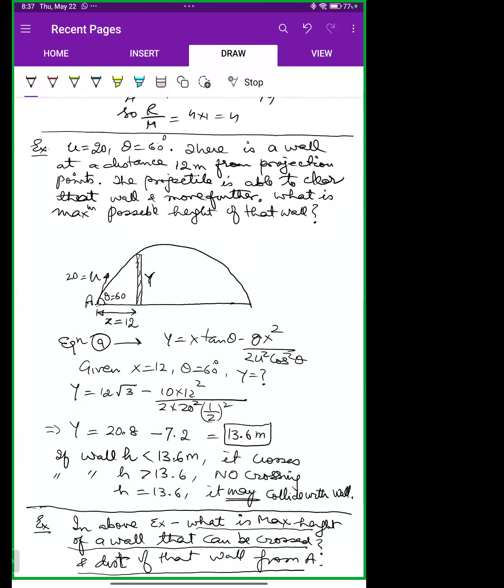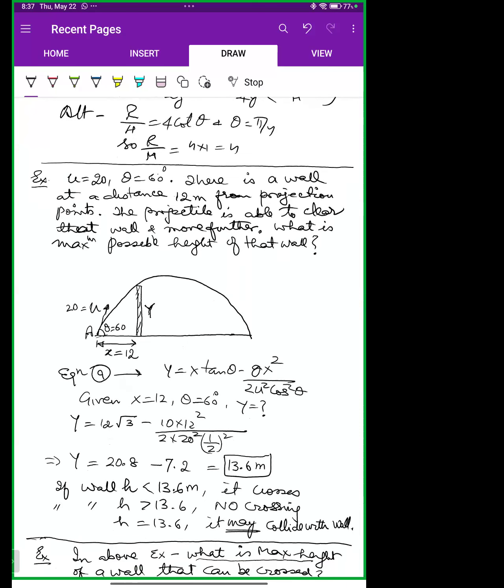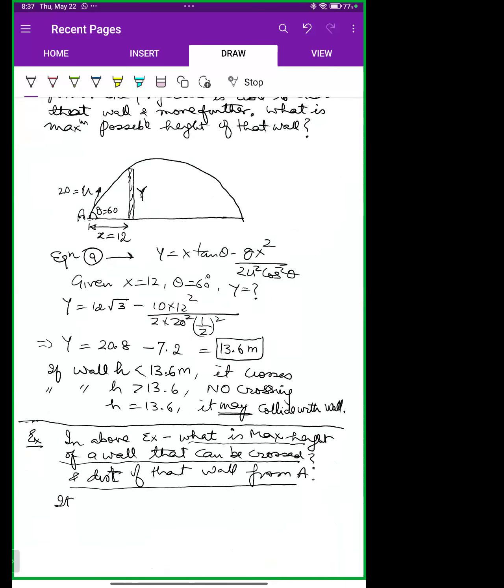It was 20. Uy is 20, 10 root 3, 10 root 3 whole square upon 10, 15 meter. Okay, it is h, that is u square sine square theta upon 2g.